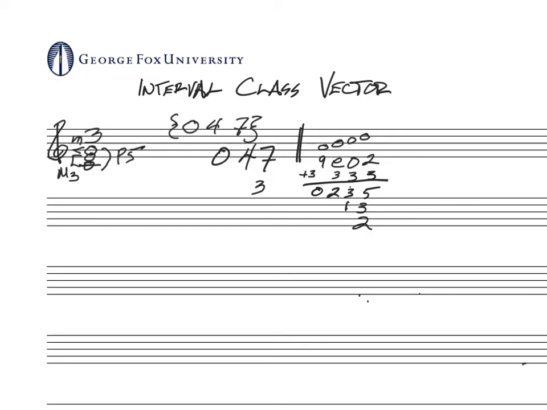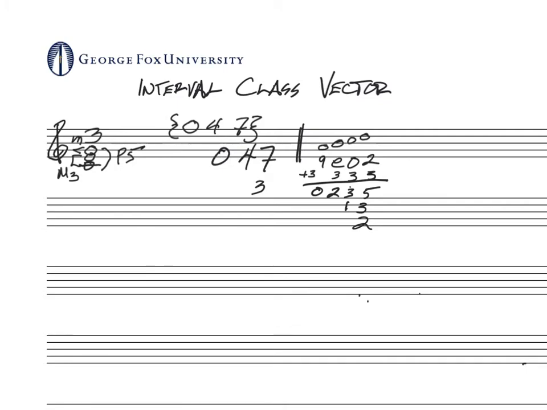How many interval class 2s are there? There's this one and this one. How many of interval class 3? Just that one. And how many of interval class 4? None. How many of interval class 5? This one. And how many of interval class 6? None.